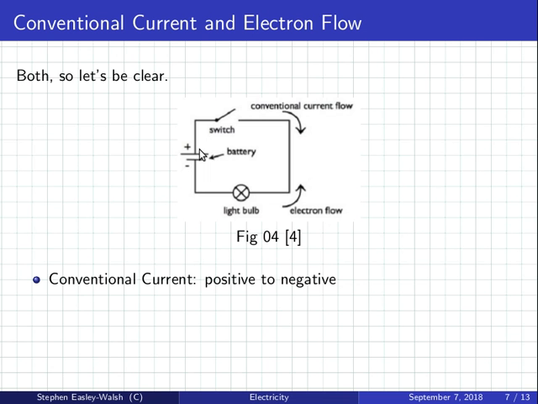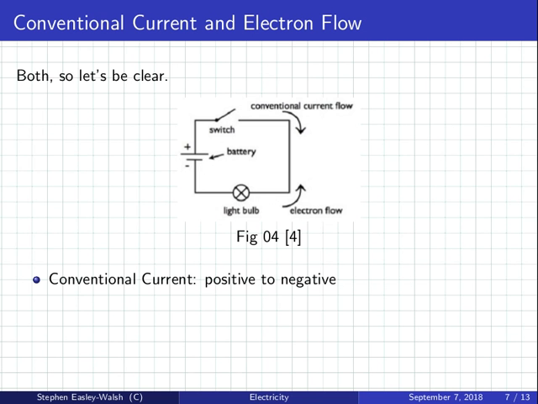We say the current is positive to negative, but the electrons actually move from negative to positive. So you have to be very careful in the exam. If they say which way is the current, it's positive to negative. If they say which way do the electrons flow, negative to positive.